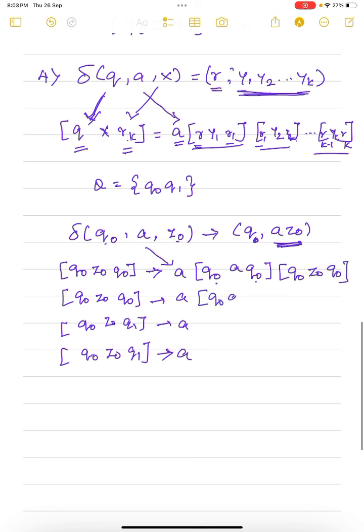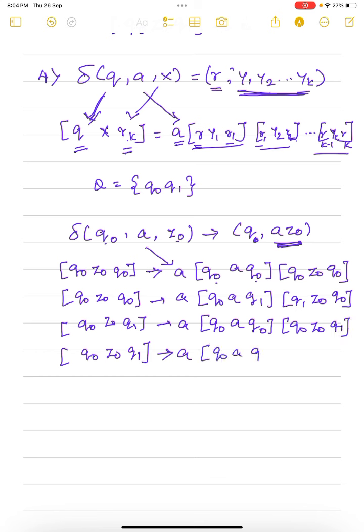Here Q0, A, Q1, because the next possibility I have to take, and this also Q1, Z0, same possibility, Q1, Q0. Here I can take Q0, A, Q0, and Q0, Z0, Q1. Q0, A, Q1, Q1, Z0, Q1. See, if I'm doing like this, only then I'll be considering all possibilities for this RK.